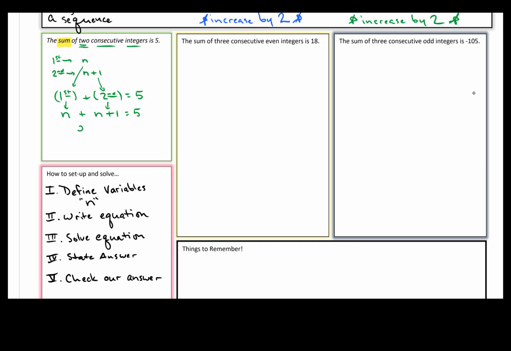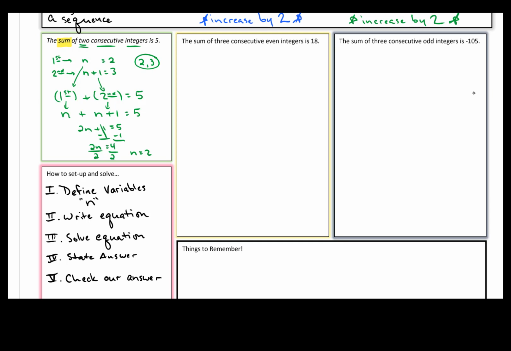Now combine your like terms. 2n plus 1 equals 5. Solve the equation. So n equals 2. So our first integer is 2, and our second integer is 3. So the two integers would be 2 and 3.